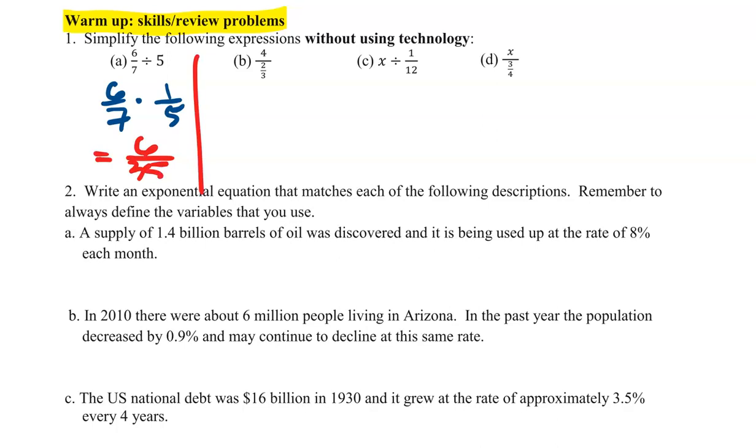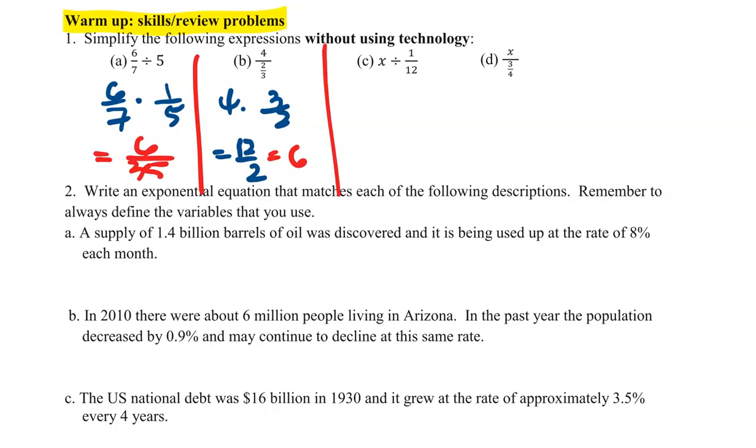Letter B, 4 divided by 2/3. So again, let's get the reciprocal of the denominator, 3/2, and multiply. So 4 times 3/2, 4 times 3 is 12/2, which is equal to 6.